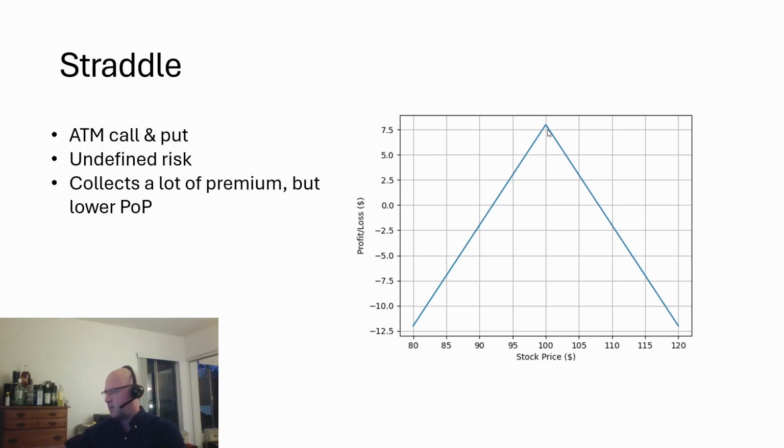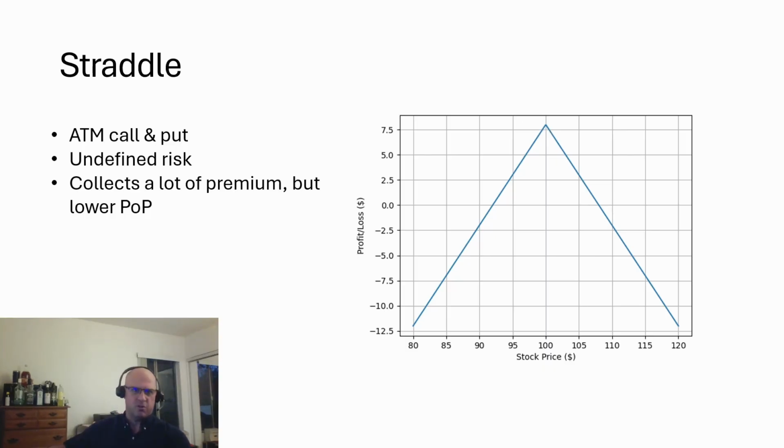As the stock drops, we're going to end up losing money at expiration dollar for dollar with the decreasing stock price. Likewise, if the stock goes up, we'll also start to lose money dollar for dollar as the stock moves higher. So basically, you are hoping for a pin at $100 or not much movement about that $100 point.